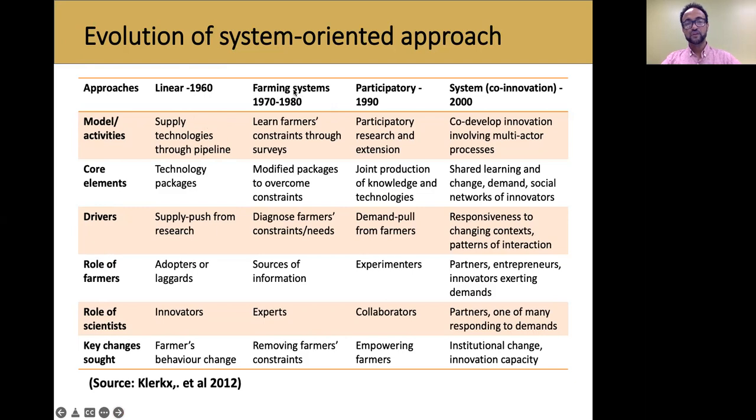The farming system approach was developed in the 1970s and 1980s, aiming to learn more about farmers' constraints through surveys to help modify the technologies. And then in the 1990s, the participatory approach to innovation came into play. And currently, what is being promoted is a system-oriented or co-innovation approach.